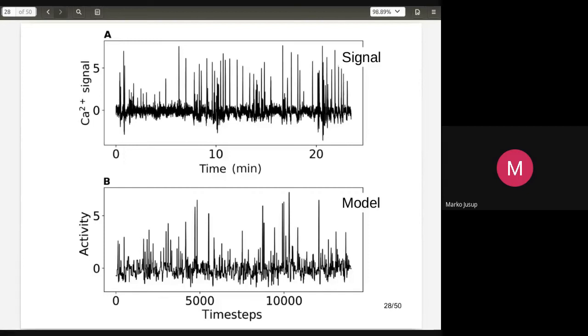So the point is that we want activity of our network to match these measured empirical signals. And we do that, we use a fitting procedure to find parameter values for modeled signals so that model outputs really match empirical signals.